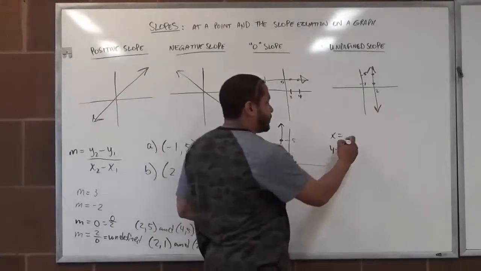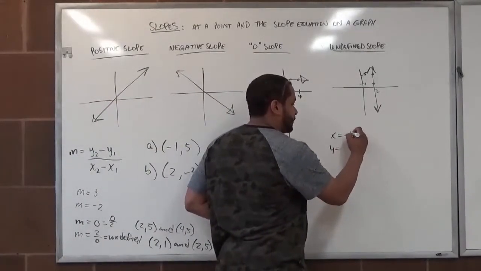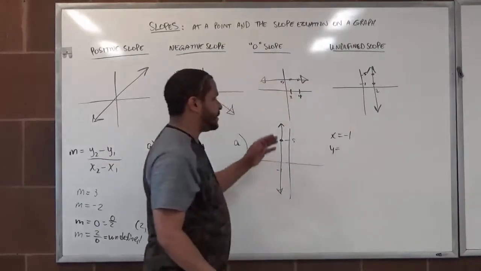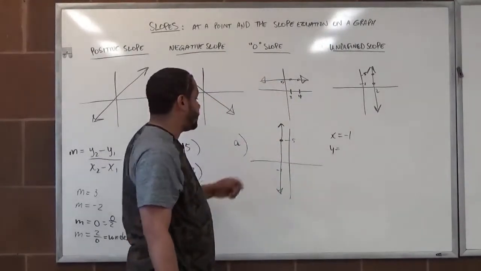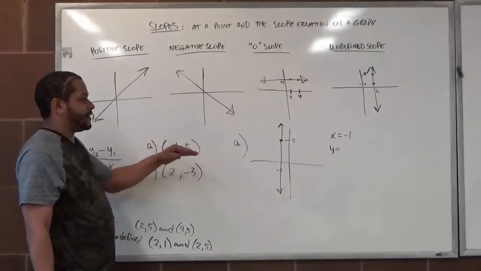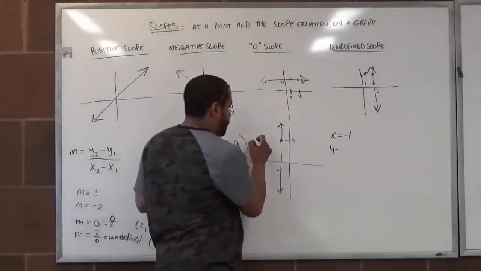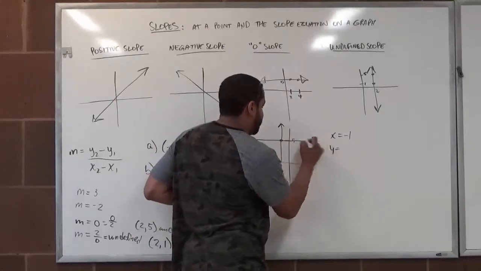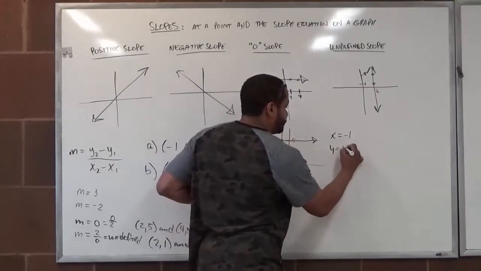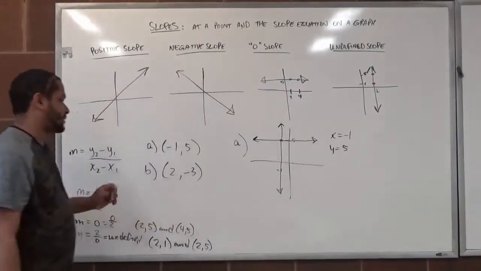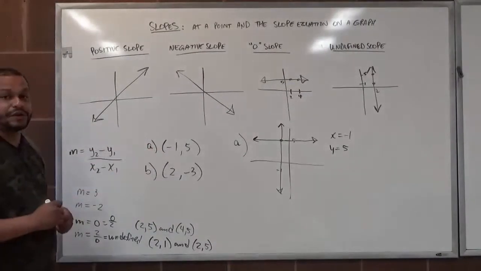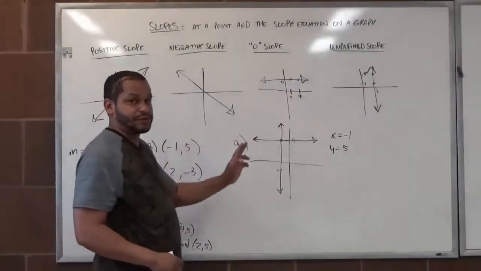The x equation for the line is negative 1, which means our slope is undefined. Our y equation for the horizontal line would be y equals positive 5.